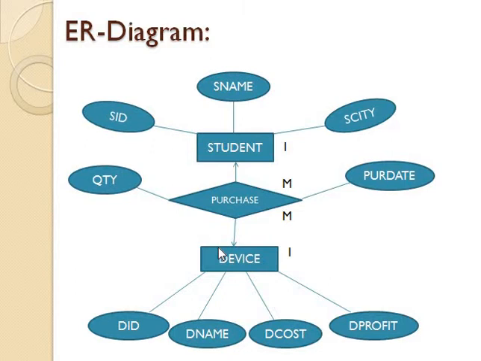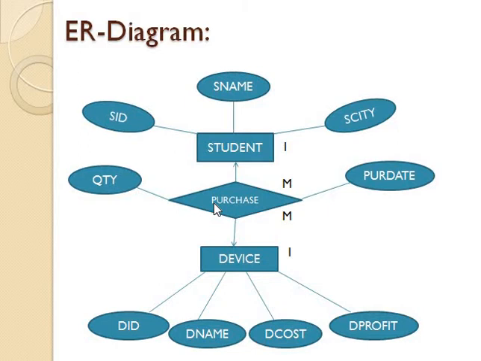Now again, if you are to find the relationship between student and purchase, that means a particular student can purchase many devices, so the relationship between student and purchase is 1:many or 1:M.